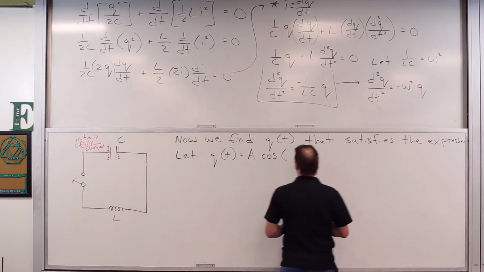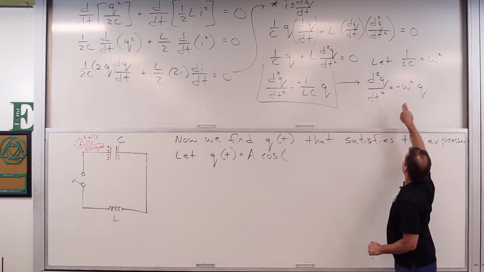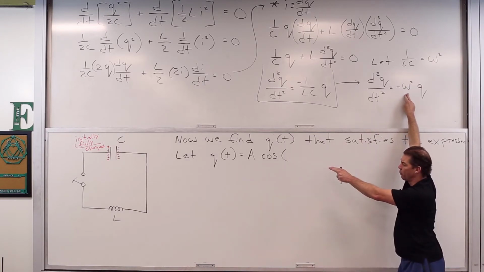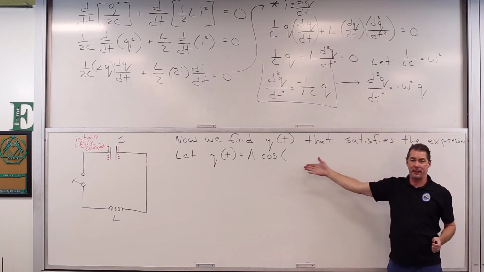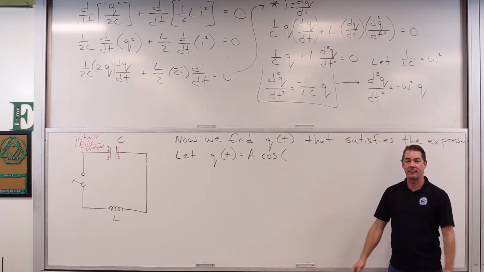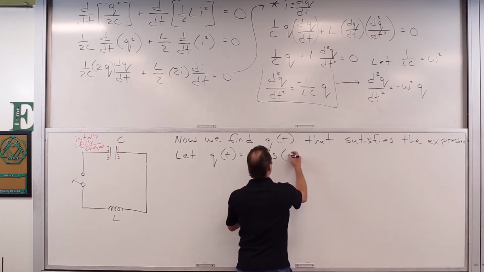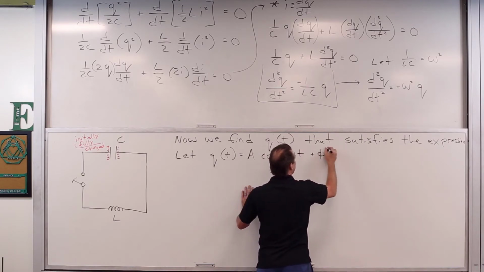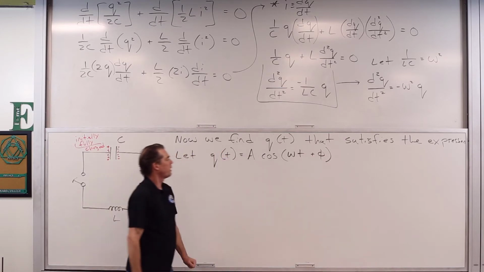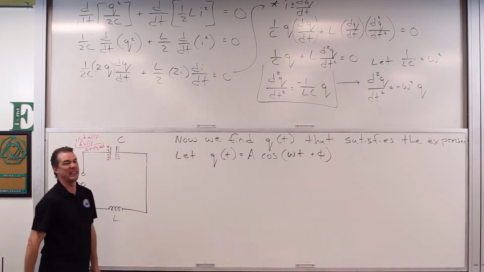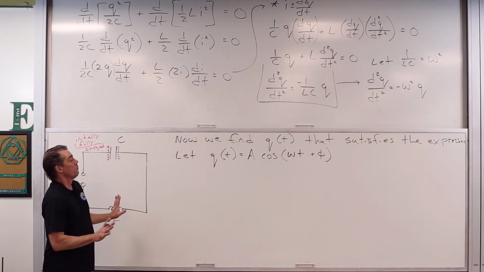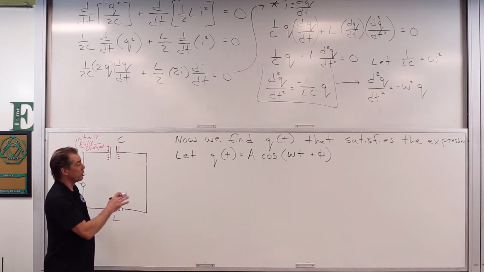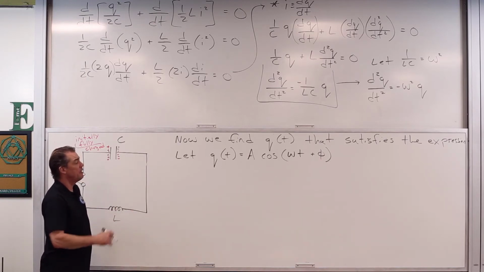And again, if we're going to be getting 2 factors of omega by taking 2 derivatives of that, hey, let's just put that be an omega t. That sounds like a good idea, right? So let's call this omega t, and then we'll put a little phase factor on here, phase constant, that'll just allow us to manipulate things if necessary. So let us say that Q of t is equal to this, a cosine omega t plus phi.